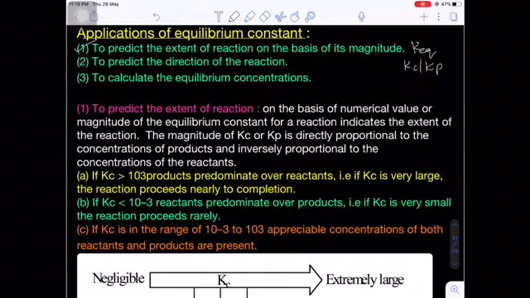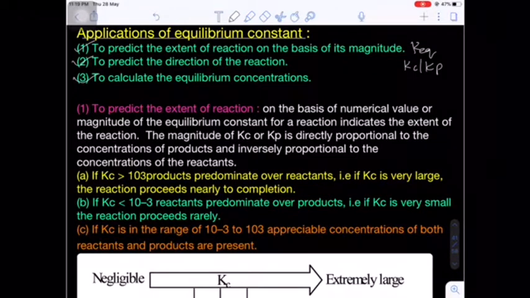Number two, to predict the direction of the reaction, whether it is occurring in the forward or the backward direction. Number three, to predict the equilibrium concentrations of various species. When we know the equilibrium constant, we can calculate the concentration of each species at equilibrium.